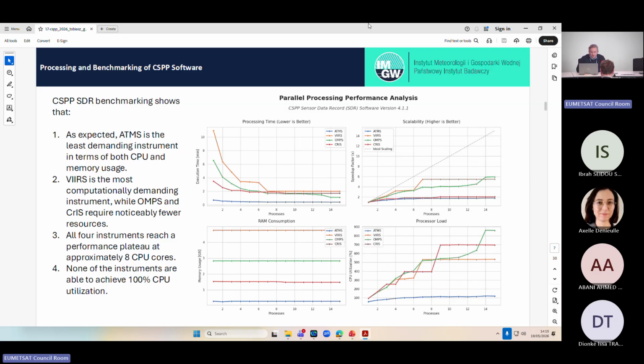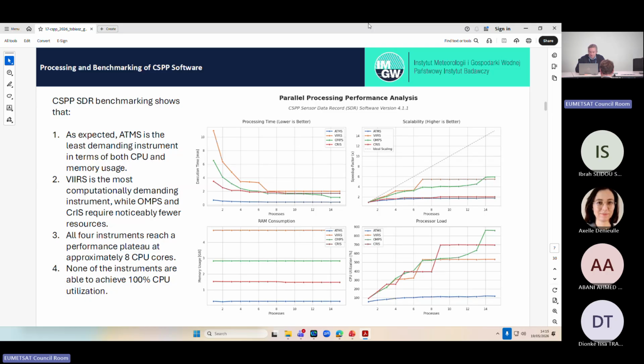And practically all instruments reached a performance plateau around 8 CPU cores. Memory usage for VIIRS is about 6 gigabytes, and for ATMS is less than 1 gigabyte. So it's not very big.